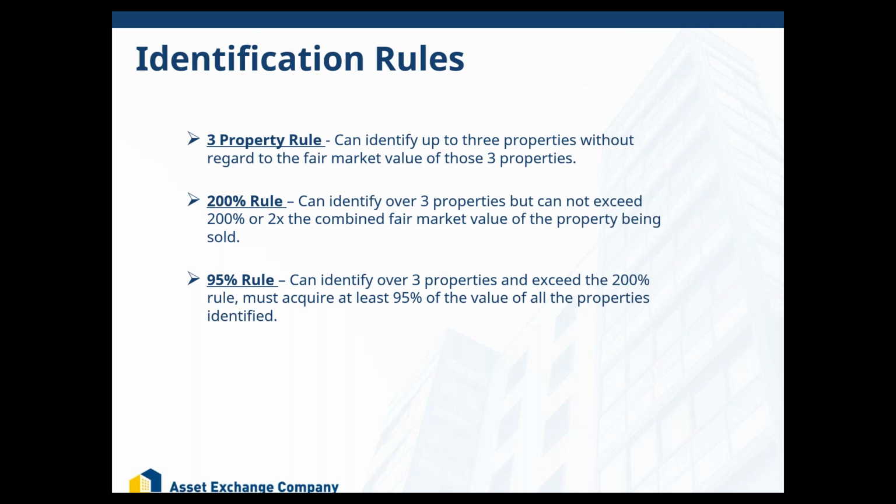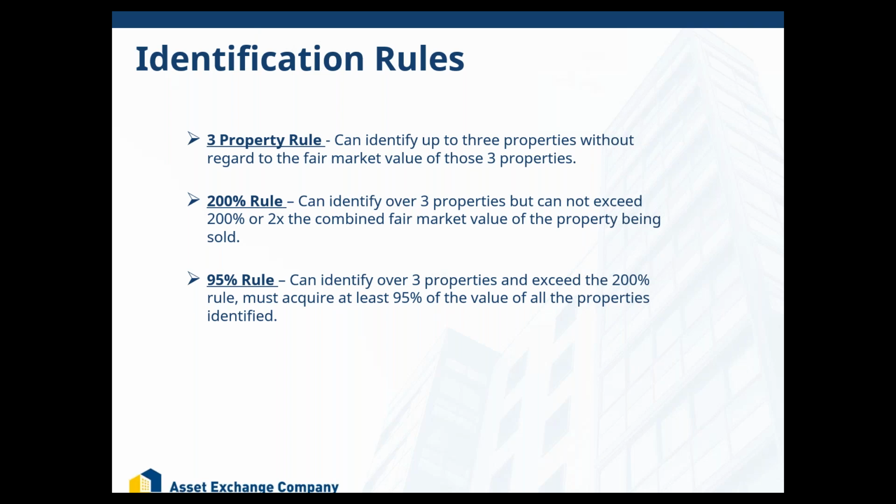So what exactly does that mean, right? Well, what that means is if you identify more than 3 properties, the combined purchase prices of all 5 of those properties cannot exceed 200% or 2 times whatever the sales price was on the property that you sold, all right, the relinquished property.